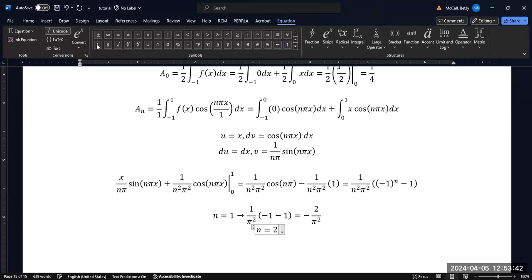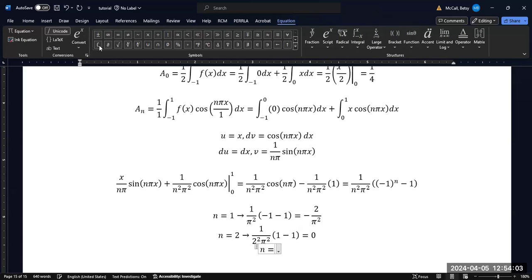But when n is 2, then this will be 1 over 2 squared pi squared times 1 minus 1, which will be 0.